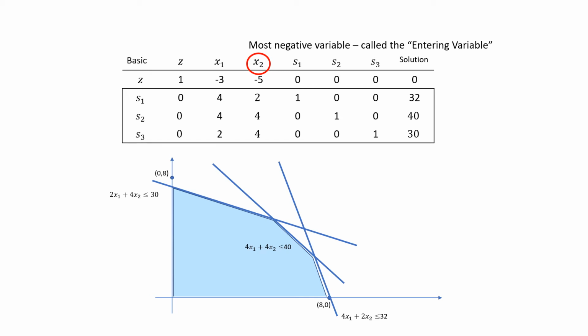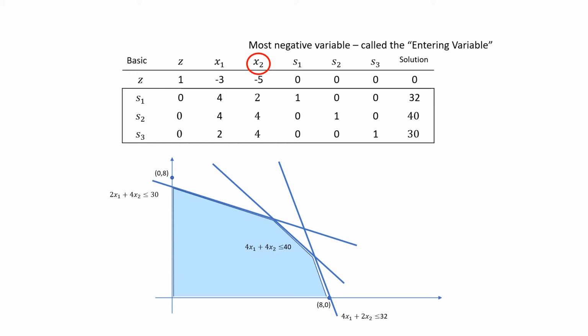In other words, our non-basic variables, we're saying that these are our free variables, but we're going to set them to 0. What we're going to do is we're going to take one of those non-basic variables and say, I'm going to set this to a different value, and I'm going to take one of my basic variables, that was something else, and set that to 0. And I'm just going to exchange those two.